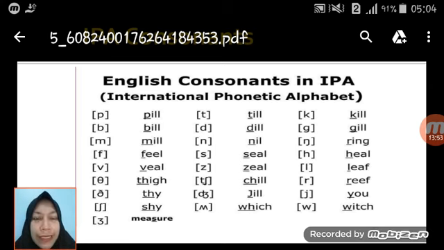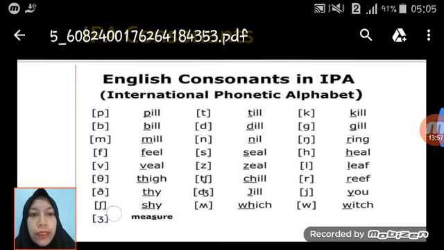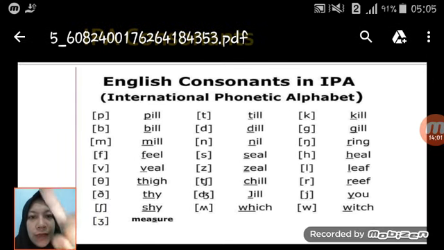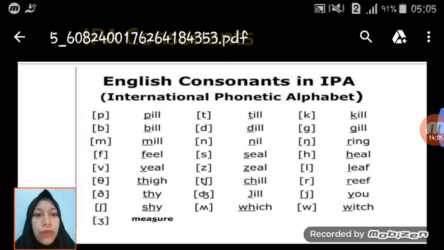Kemudian s. Untuk suara sh itu dibuat seperti ini, garis seperti ini. Ya. Kemudian ini seperti angka 3, ini untuk suara zh, measure saja, as in measure, zh itu seperti angka 3.